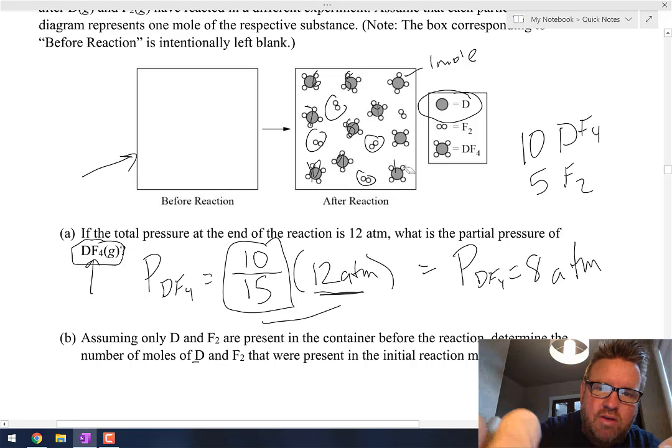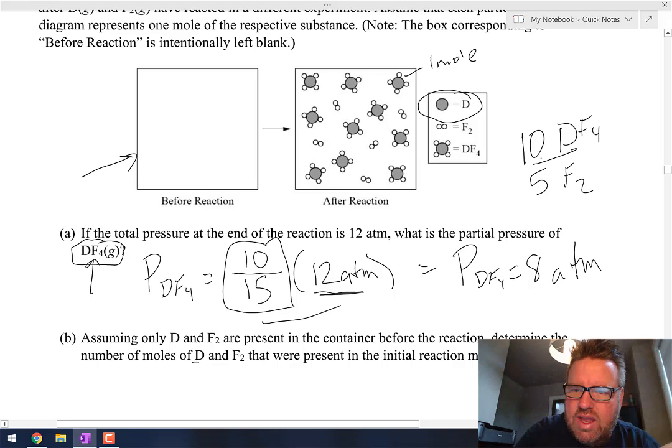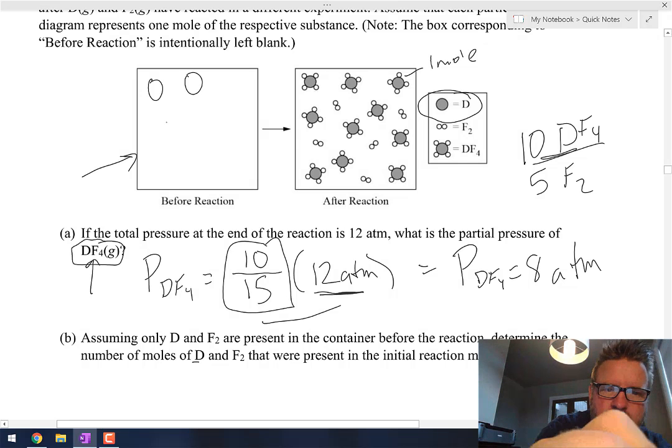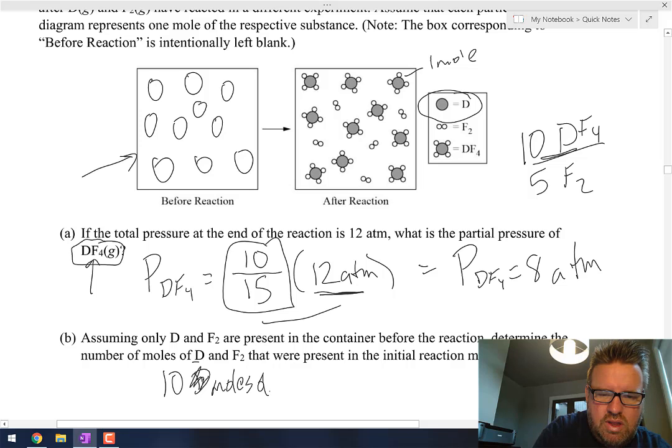Well, how many do we have now? We already counted that. There were 10 DF4s, so that means we had to have 10 D particles. We don't have to draw them in there, but there should be 10 moles of particle D.